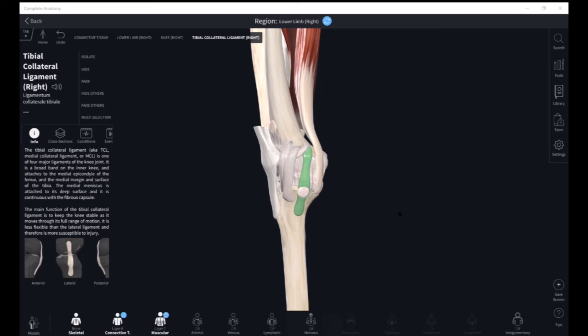For the procedure, we'll palpate the medial epicondyle of the femur. We're going to slide distally across the medial joint line to locate the broad fibers of the medial collateral ligament. The needle location will be in the joint line, medial to lateral angulation, perpendicular to the skin surface, with the joint capsule and medial meniscus as a backdrop.